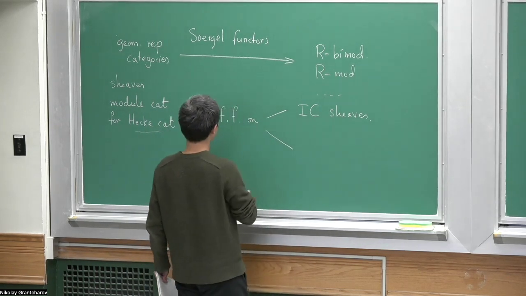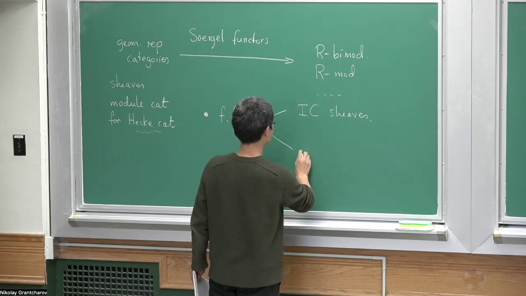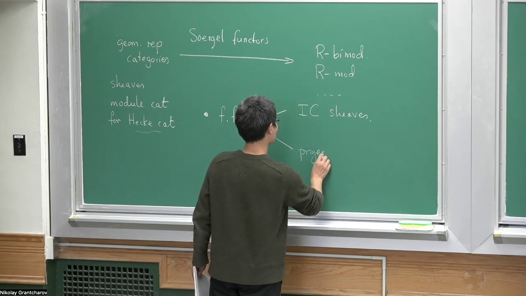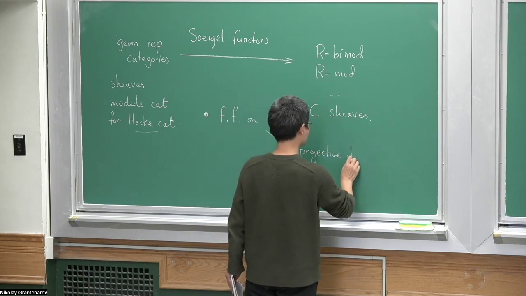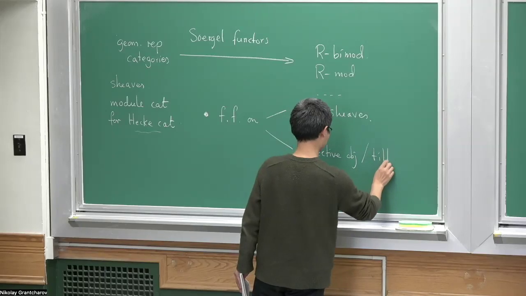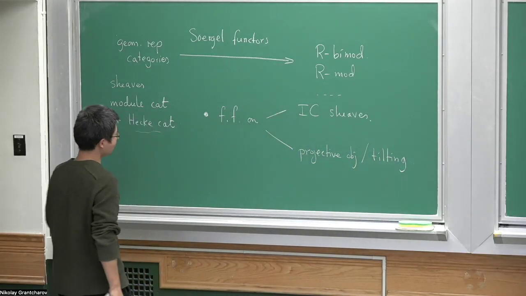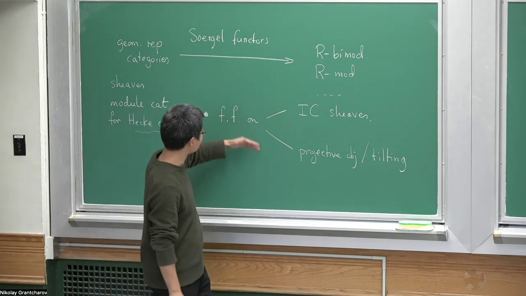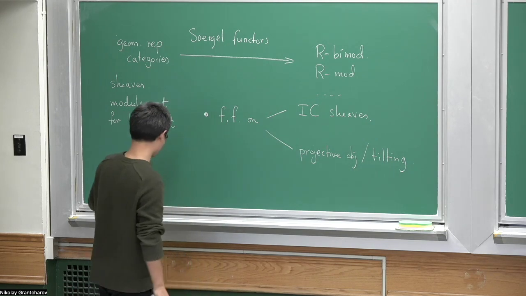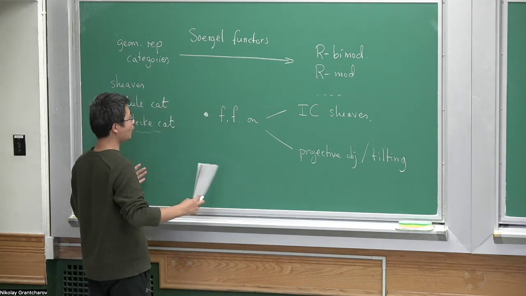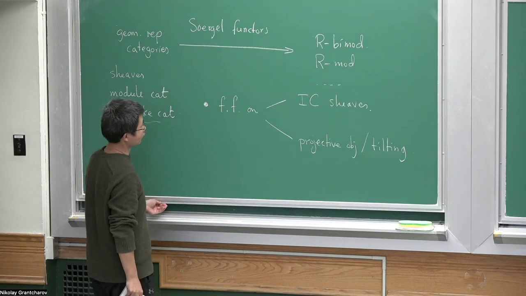And another flavor is Soergel functors that are fully faithful on projective objects or tilting objects. So these two kinds of Soergel functors have opposite geometric origin.